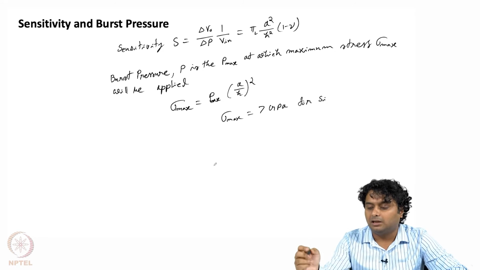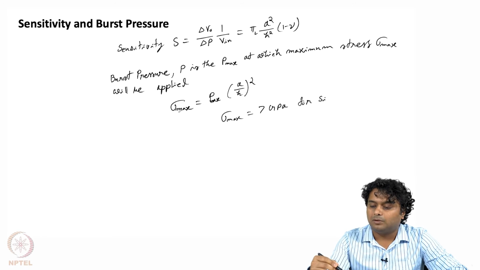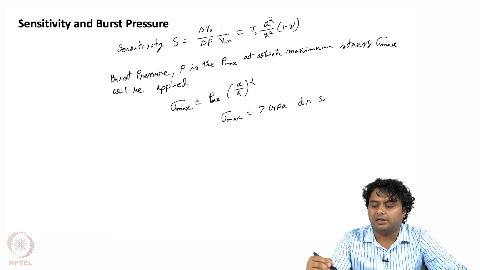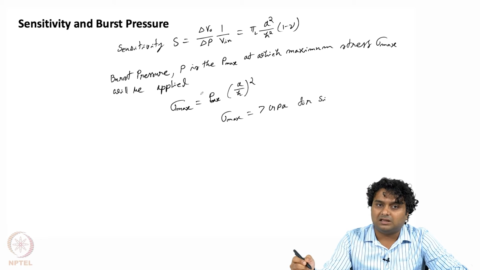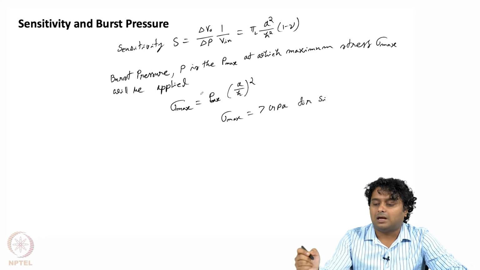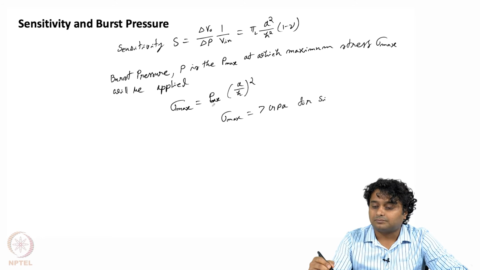So, the point is here that we know the material sigma max, or what is the maximum stress the material can withstand. So, accordingly if we know the material geometry, then we know how much can be the maximum pressure this pressure sensor or this membrane can withstand, because if we apply more pressure than that, then the membrane will burst. And another point to note here is that this P burst or P max is different for different geometries of membrane.